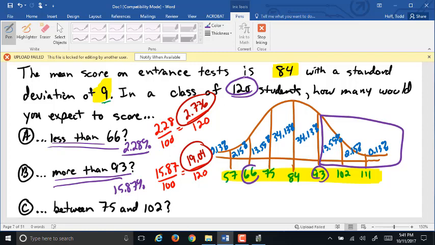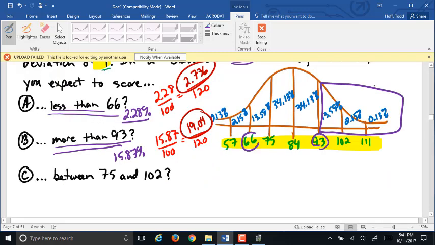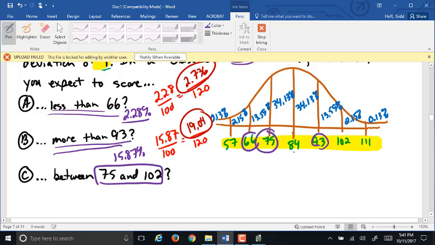Then the last one. Between 75 and 102. Here's 75, here's 102. Between is adding up those percents, which is 81.85%.